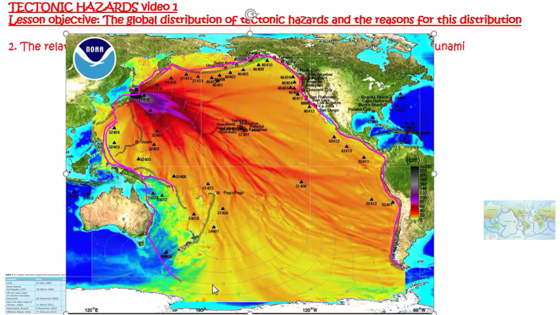All of these coastlines are at risk of tsunamis because it doesn't really matter where the submarine earthquake happens, because the waves can travel across oceans for thousands of miles. Alright? There's not much friction to actually stop the waves.